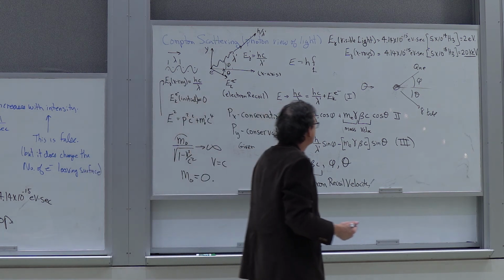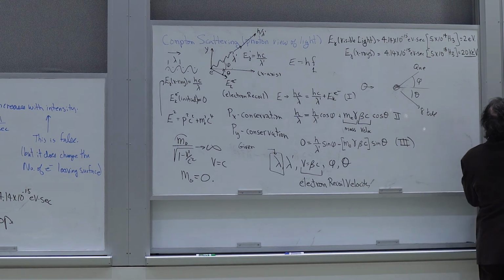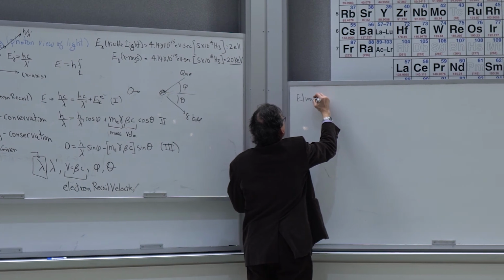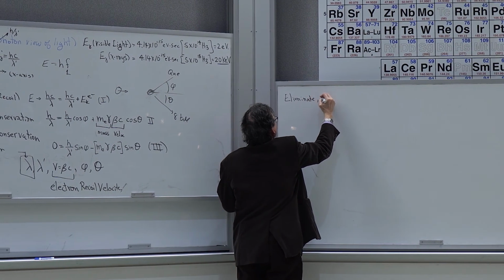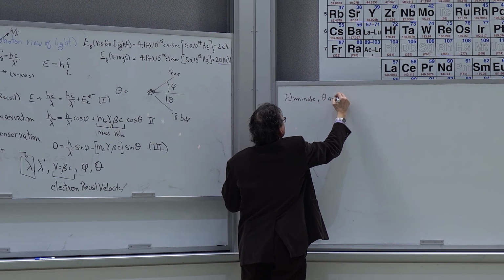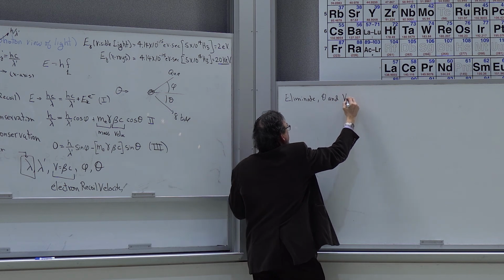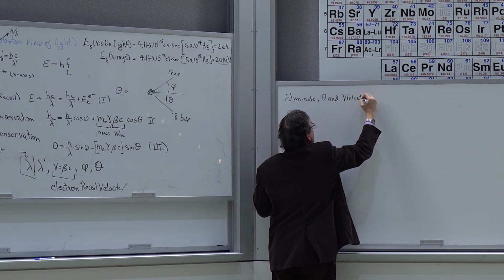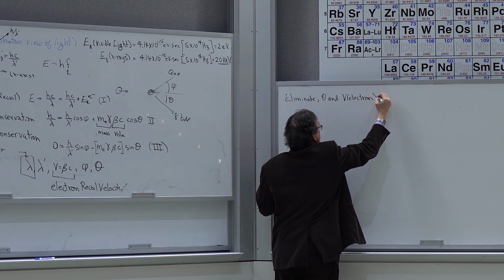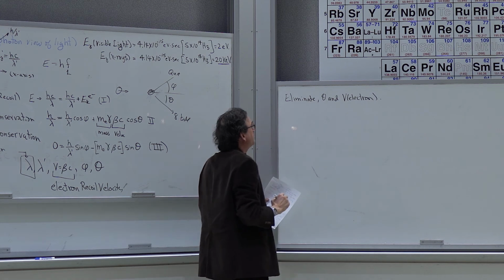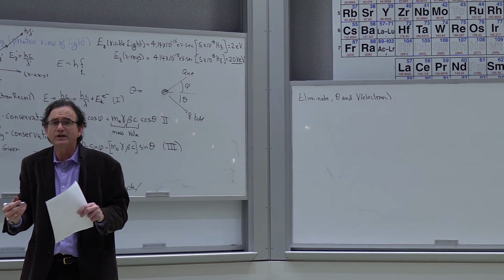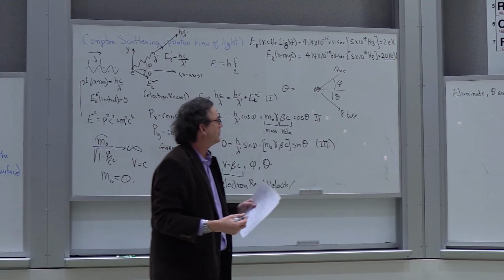And the variables I choose to eliminate are theta and velocity, or we say v of the electron, right? I want to eliminate those 2. Of course, I could choose a different combination, but because this turns out to be the most useful form, we're going to eliminate the angle and velocity.